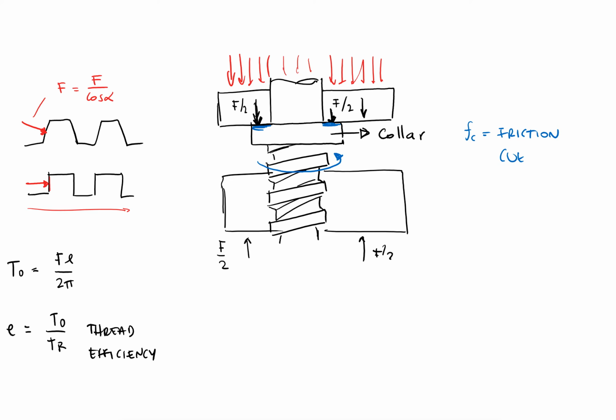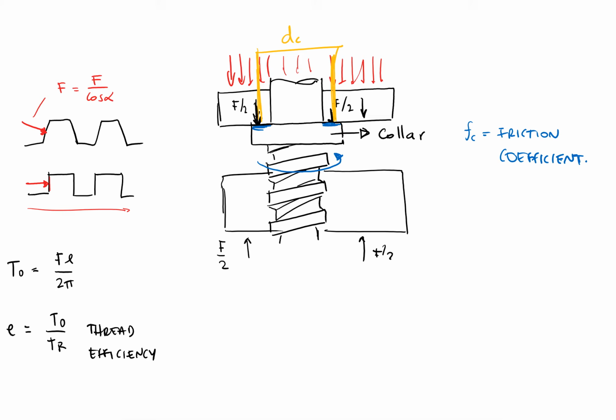It can be different, it can be the same, usually different. But for some of the problems that we're going to solve, we're going to assume that those are the same. We also have a dimension for the collar: a diameter where those forces are acting, and we refer to that distance as dc, the diameter of the collar.